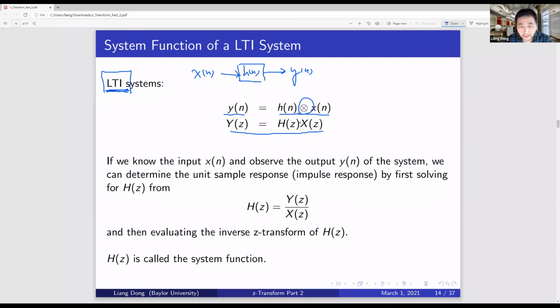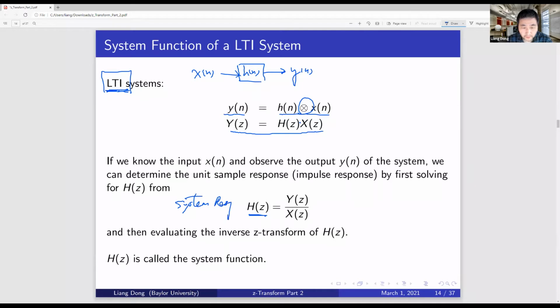The reason we like that is because it's easy to manipulate according to a product. So the system H can be easily calculated as Y over X, Y(z) over X(z) in the Z domain. Here, H(z) is the Z transform of the impulse response, and we call that the system response.